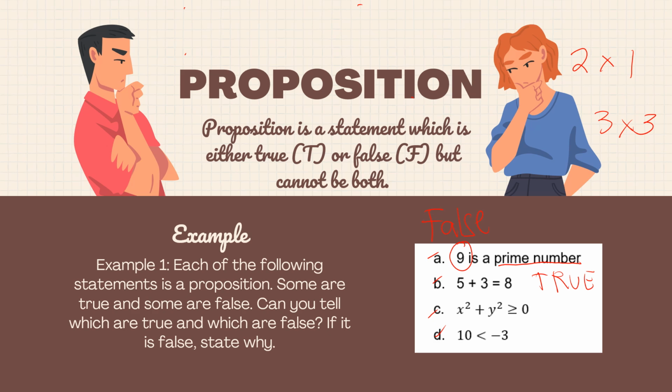Okay, so this statement is also true. Letter D, we have 10 is less than negative 3. This is false. So you can see 10 is greater than 3. Should be written like this. I mean, 10 is greater than negative 3.